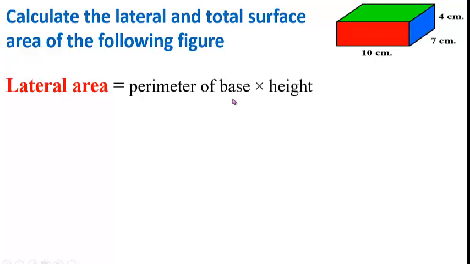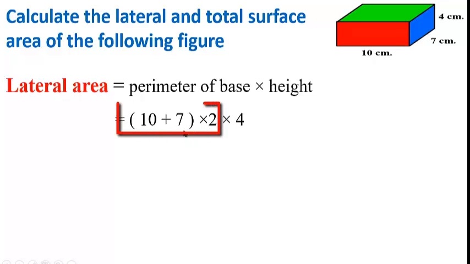To calculate the perimeter of base, I must take length plus width and multiply the result by 2. So, lateral area will be equal to 10 plus 7 times 2, and until here, I calculated the perimeter. Then I'm going to multiply by 4 to multiply the perimeter by the height. So lateral area is equal to 136 centimeters squared.